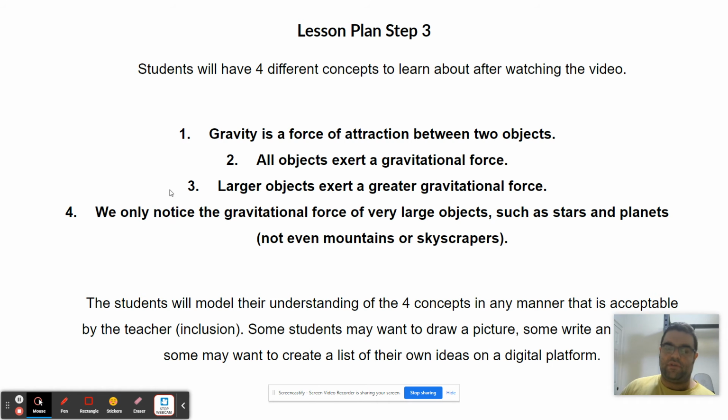Obviously we're dealing with differentiation here, so whatever method students can use to look up, learn, and model each of these concepts. Now this might not be a one-day thing.